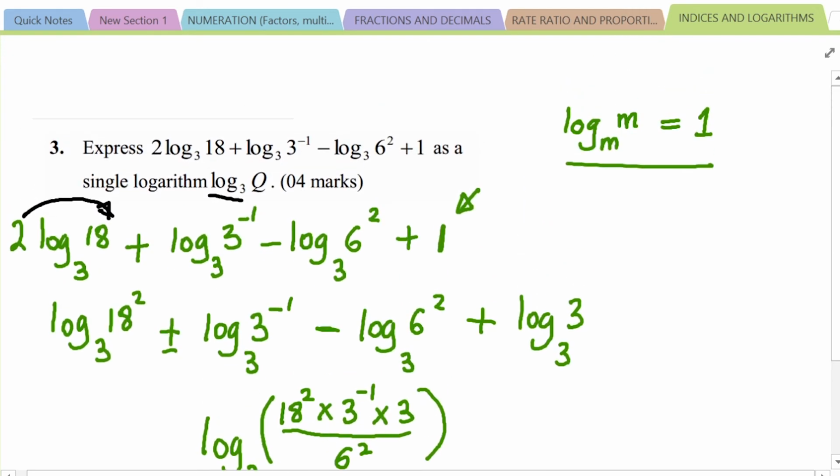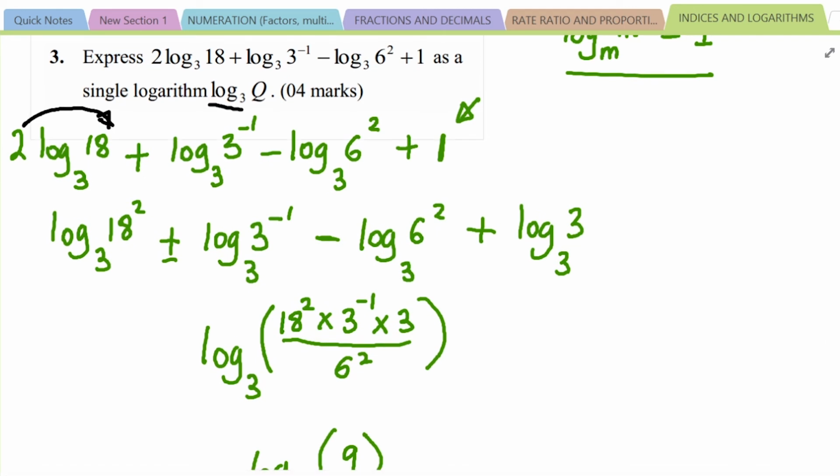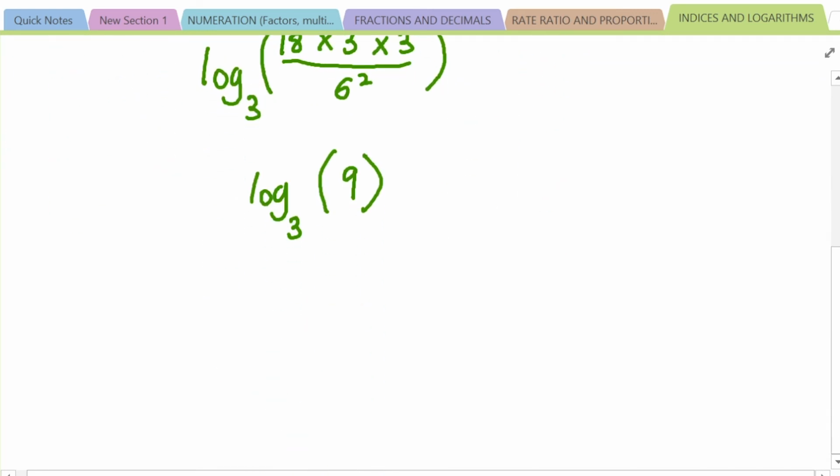Now our question requires us to convert that number into a single logarithm, log of q base 3. And definitely this becomes our final answer. It is log of 9 base 3. So our value of q is 9, and that's the answer.